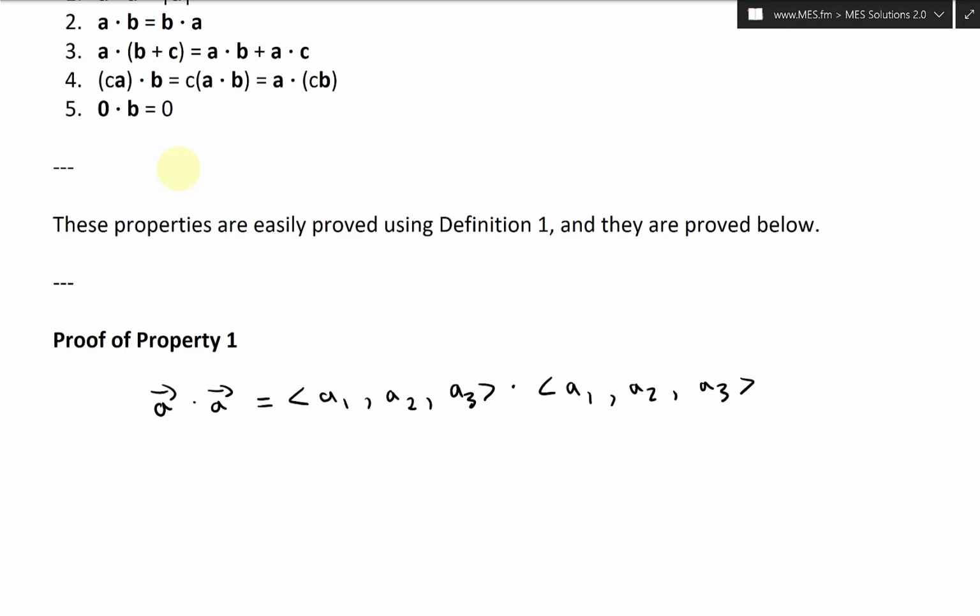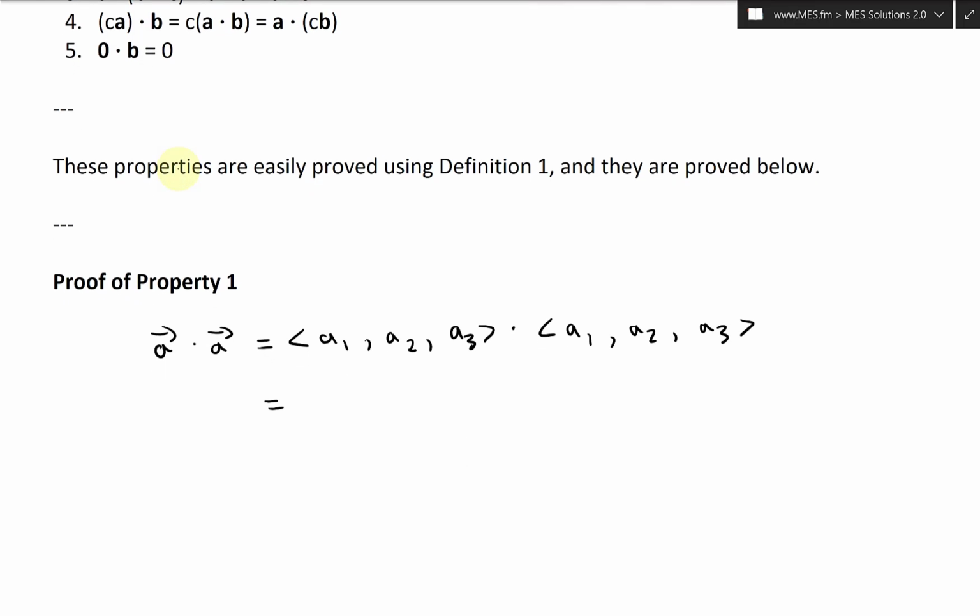We just apply the definition of a dot product. This equals A1 times A1, that's A1 squared, then A2 squared, plus A3 squared. And this is the length formula, the components of a vector squared. In other words, that's our vector A's length squared.